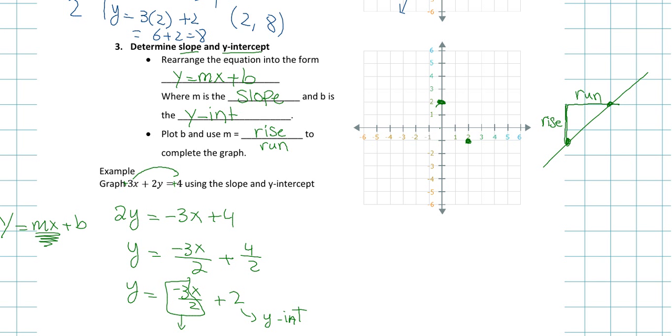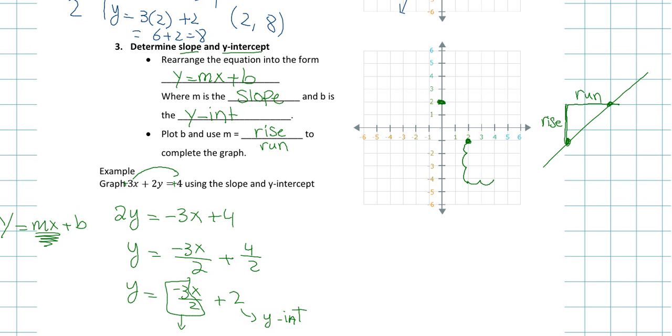So, from this point, I went down 1, 2, 3. And then I went 2 to the right. 1, 2. Stop. I want to find another point. I'll do the same thing. From here, I'll go 1, 2, 3, and then 2 to the right. So I'm giving you directions here.